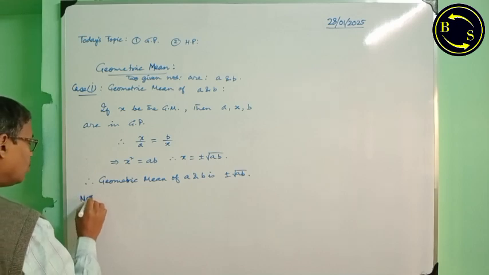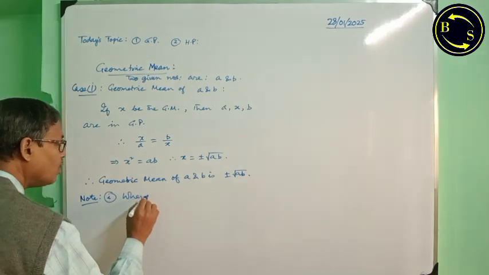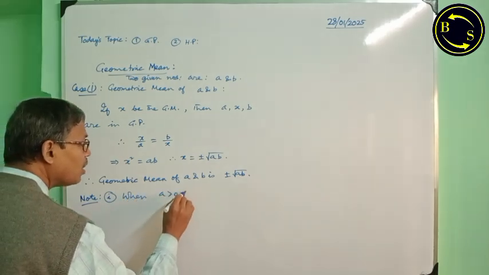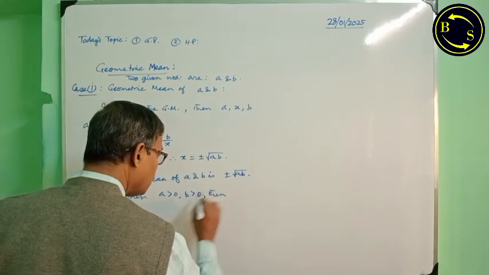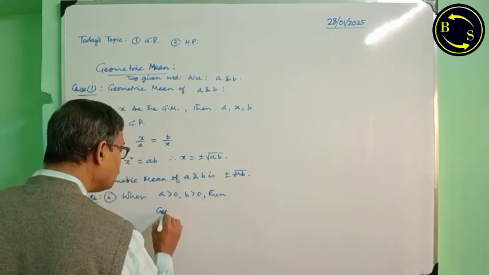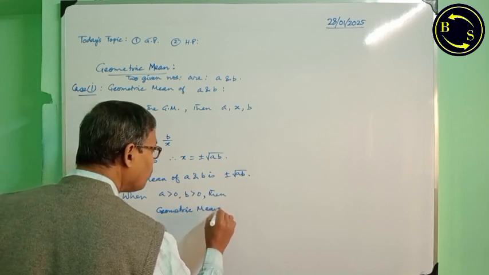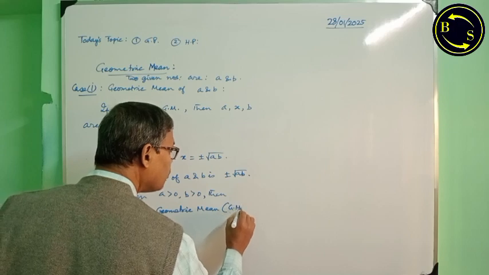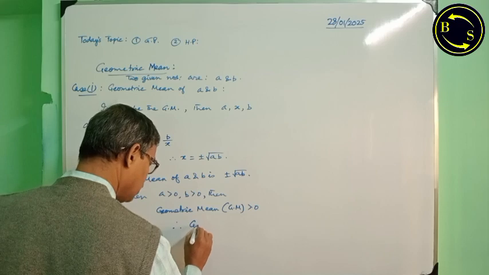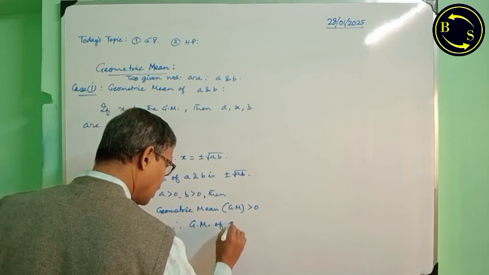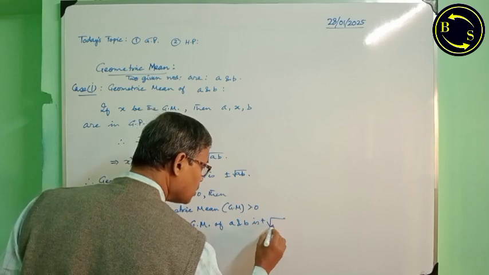Note, when A, B both positive, then GM, geometric mean, is greater than 0. Therefore, GM of A and B is root over, you can mention plus, AB.